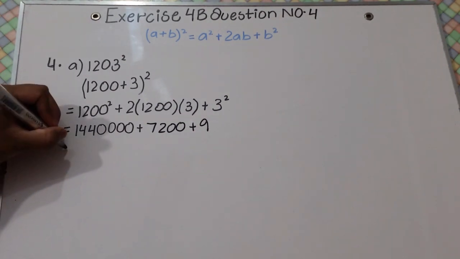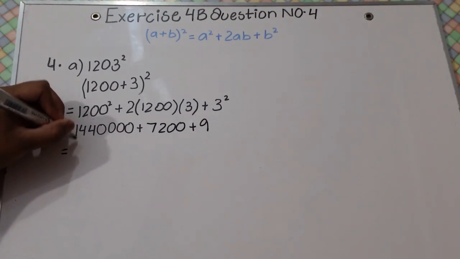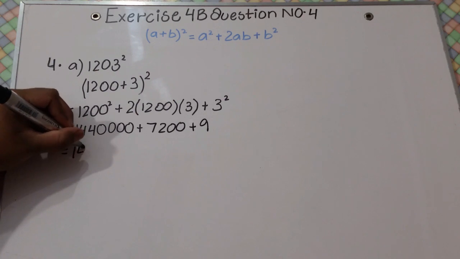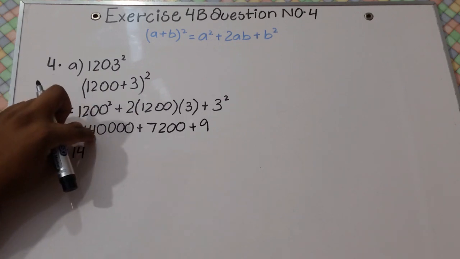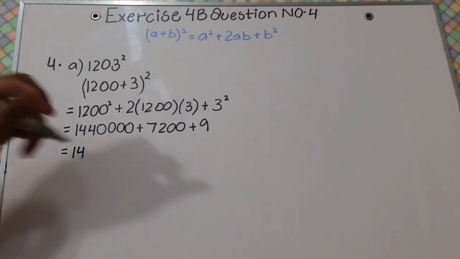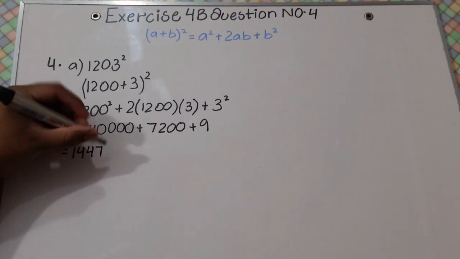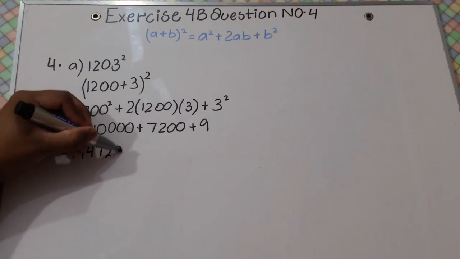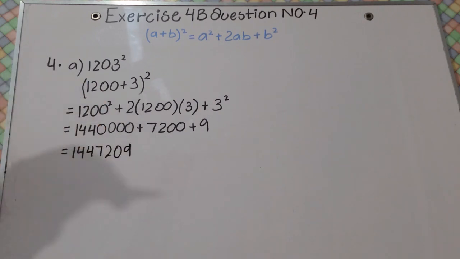Now we need to add all these numbers. So it is basically 1,440,000, plus 7,200, so it would become 1,447,200, and plus 9, 1,447,209 would be the answer.